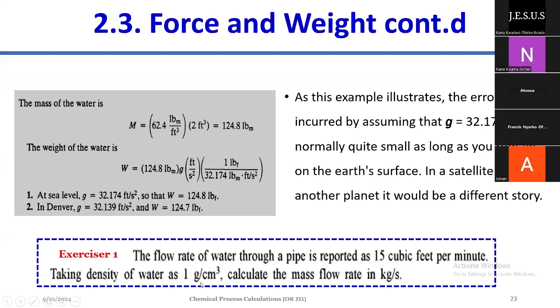But the density of water is in grams per cubic centimeter. The units are not consistent, so we need to do unit conversion before we can calculate the mass flow rate.